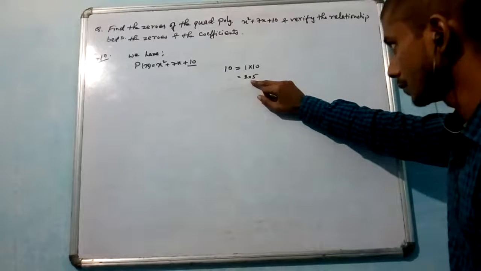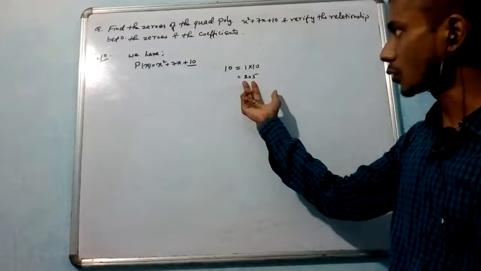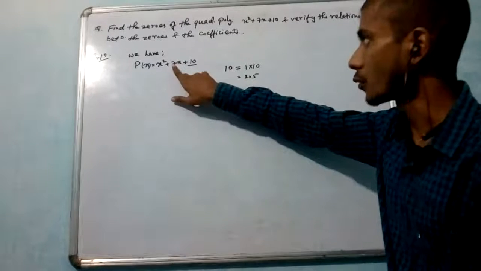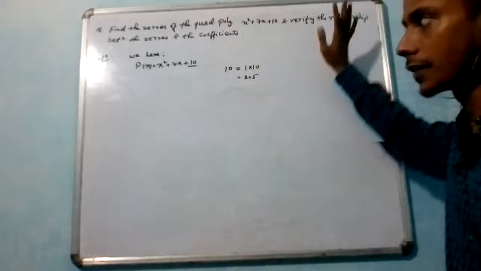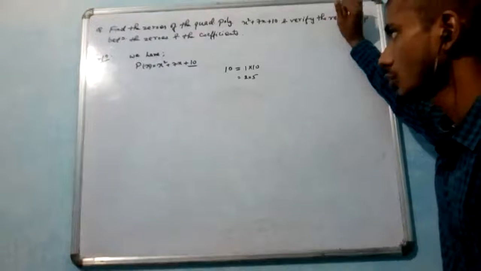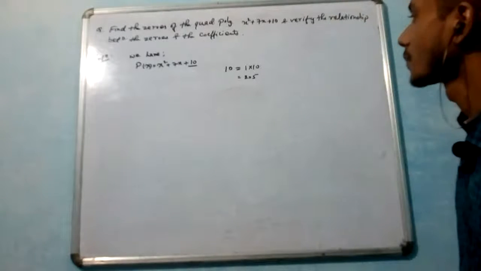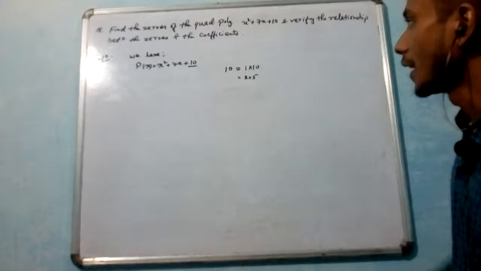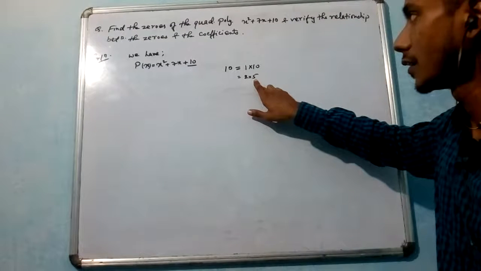With these two, either add or subtract, whatever you want to do, and you get plus 7. So how can we get plus 7 from 2 and 5? Plus 2, plus 5, so we will get plus 7. And when we multiply plus 2 and plus 5, how much do we get? 10.